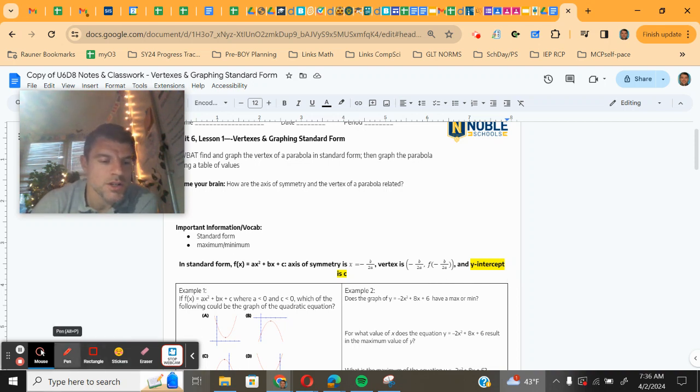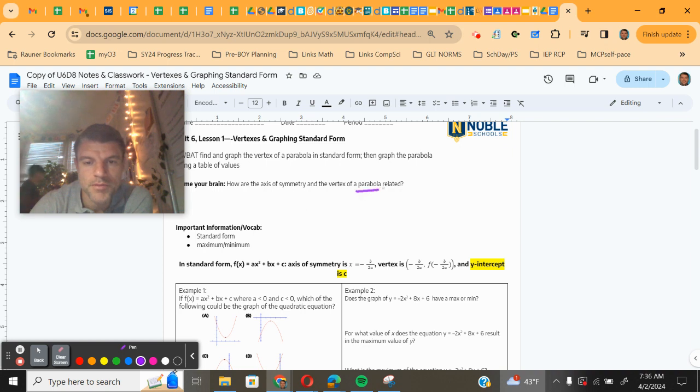All right, so if we're going to draw a picture to answer the first problem here about the axis of symmetry and the vertex. The vertex is always going to be the turning point. So as you can see, this is where it goes down and then starts to go back up again.